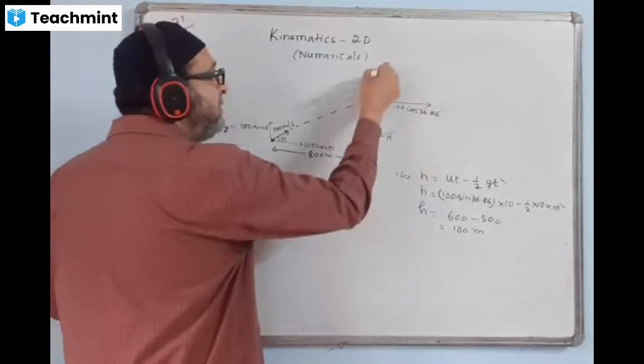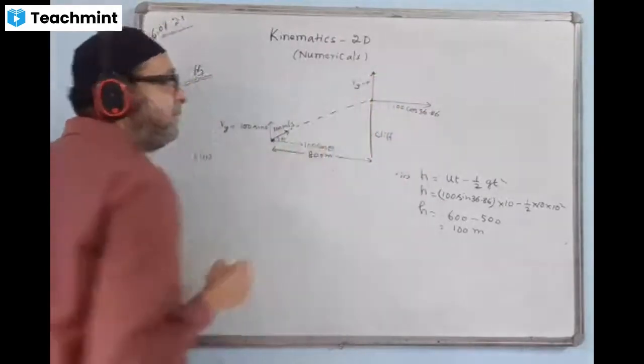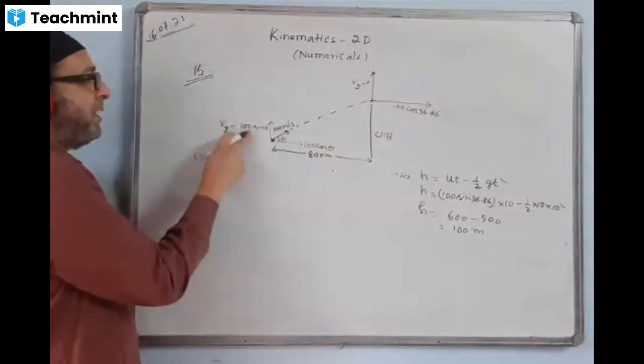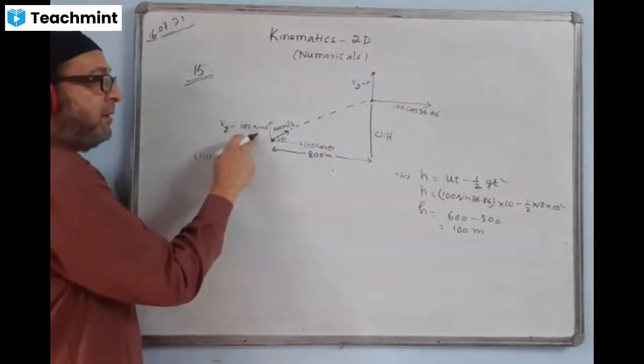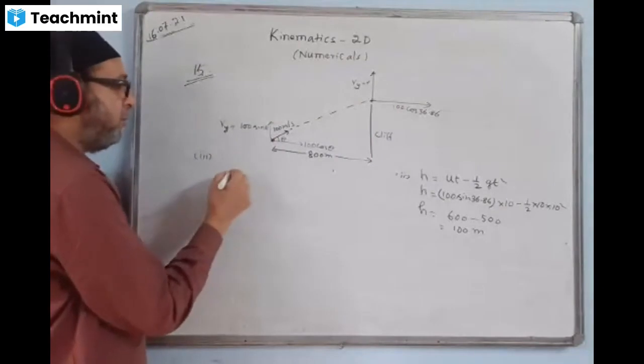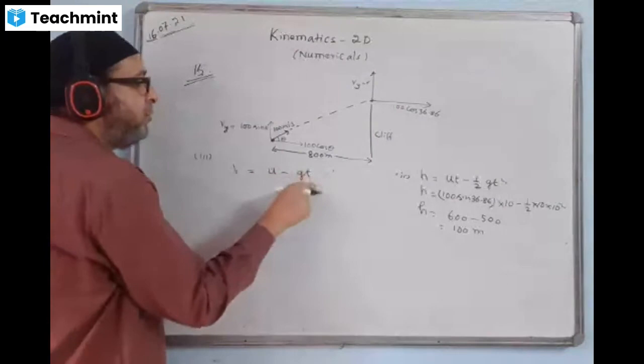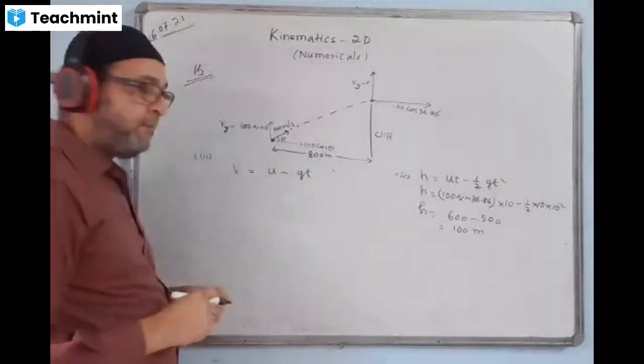And this velocity will change. There will be new velocity, Vy. Vy you have to find. Initial velocity we know is 100 sin theta. Using the vertical motion formula, V is equal to U minus gt, because we know the timing of reaching that height.